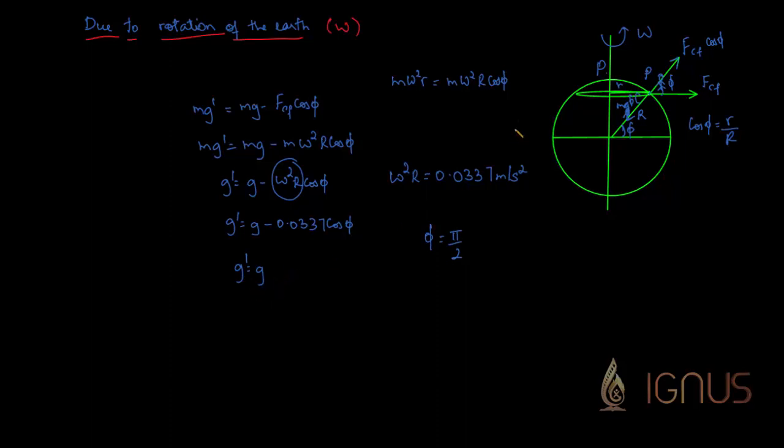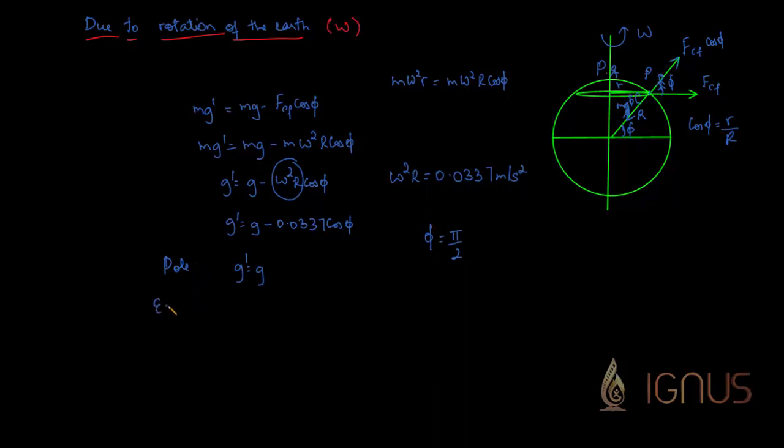You can imagine this like this also. If the person is standing here, he is not rotating in any circle because he is stationary at that point. At any other point, we can see that the person would be moving in a circle. Therefore, there would exist a force which would pull him in the outward direction. So this is at the pole.